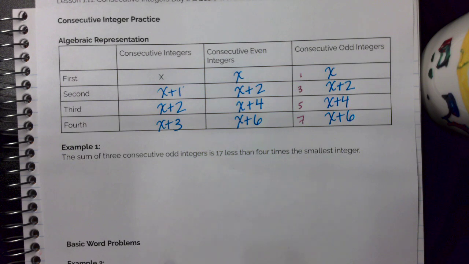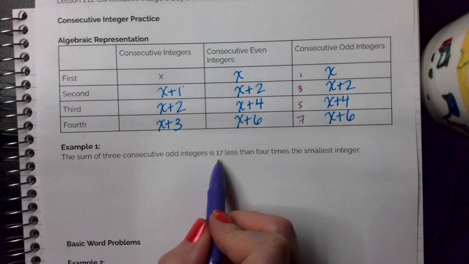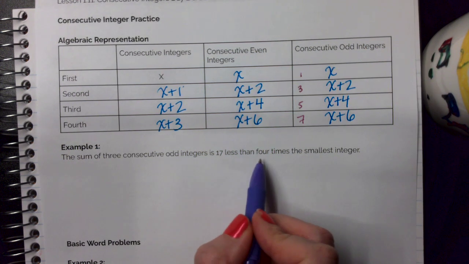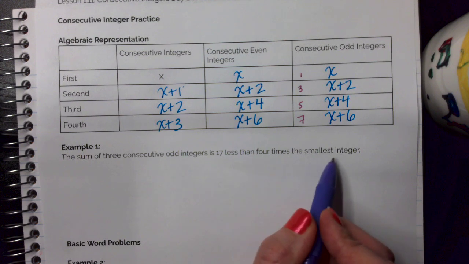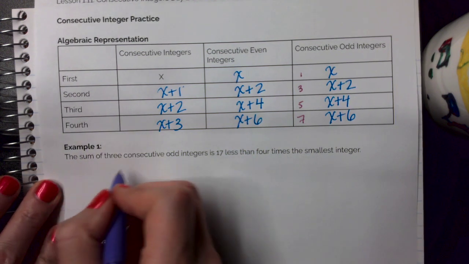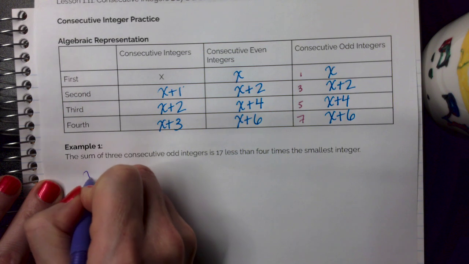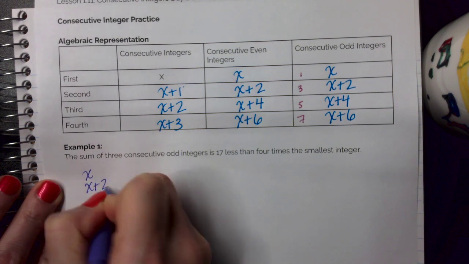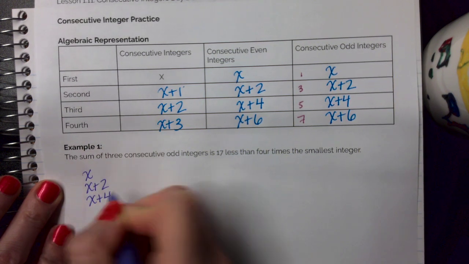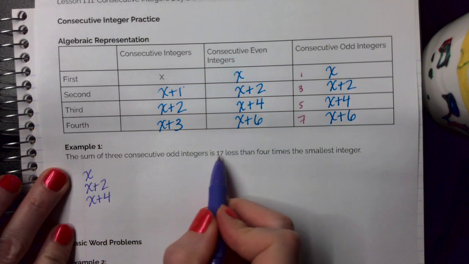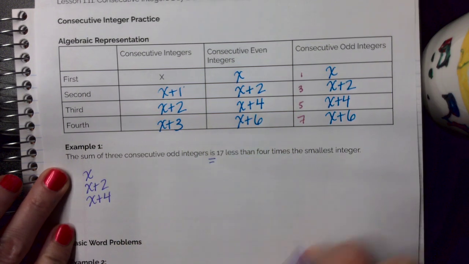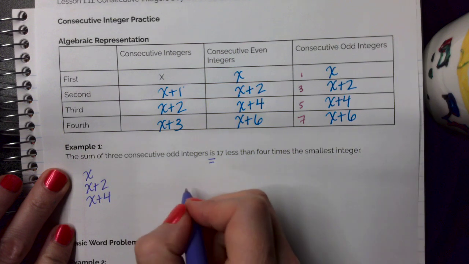The sum of 3 consecutive odd integers is 17 less than 4 times the smallest integer. So let me just write on this side, 3 consecutive odd integers. So we have x, x plus 2, x plus 4. So the sum of these odd, and "is" is another way of saying equal.